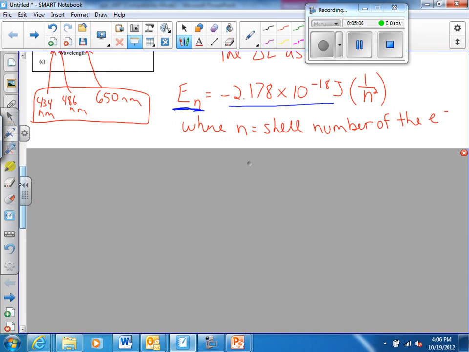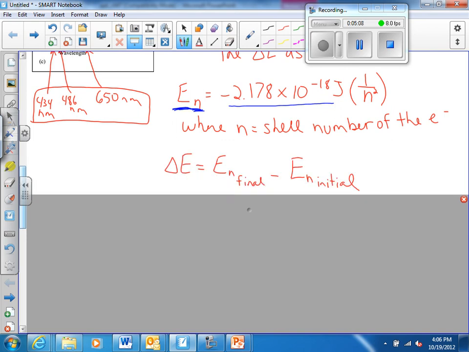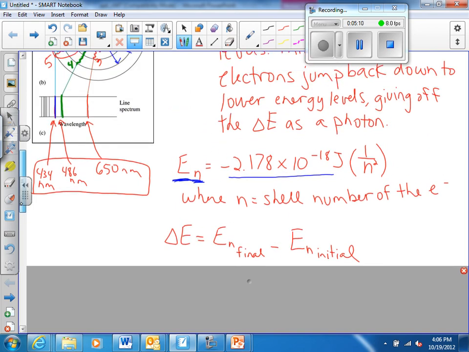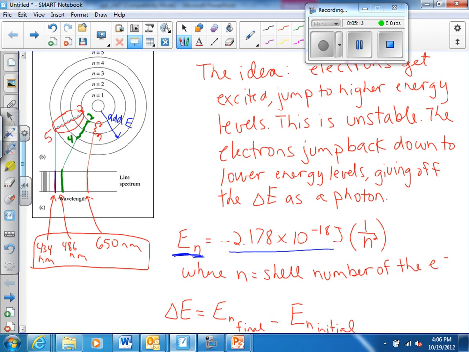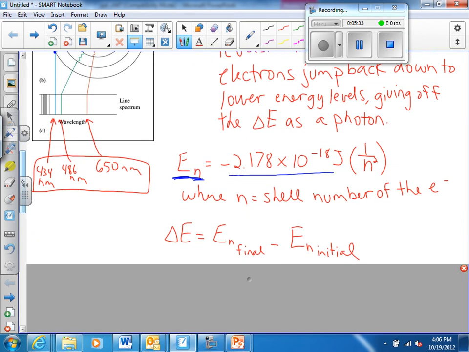Okay, so the delta E, the change in energy to go from one shell to another shell, would be the energy at the final position minus the energy at the initial.